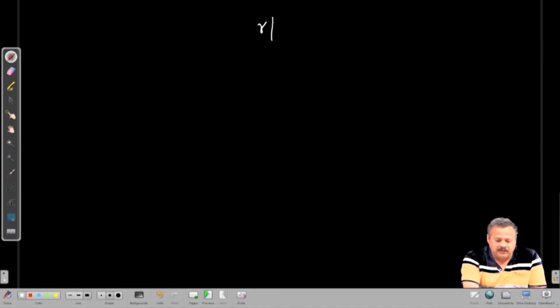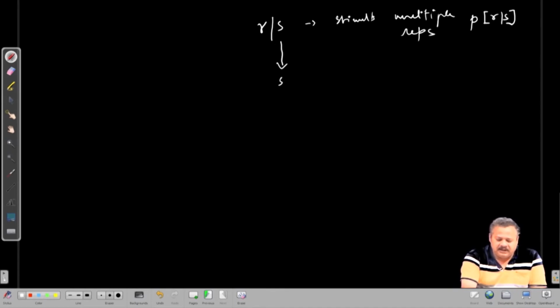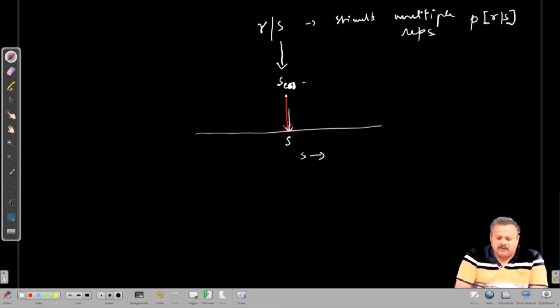So we have R given S, that is, given a particular stimulus with multiple repetitions, we are getting a probability distribution of R given S. From that, we are estimating S estimate, and that, let us say, on average, if we were able to do this multiple number of times, has a mean that is the same as the true value of the parameter S. Now, in multiple different cases, if with the same data we estimate multiple times, we will have different values of estimates.